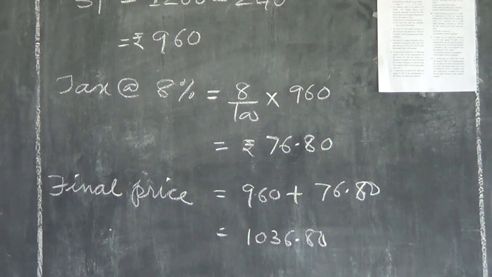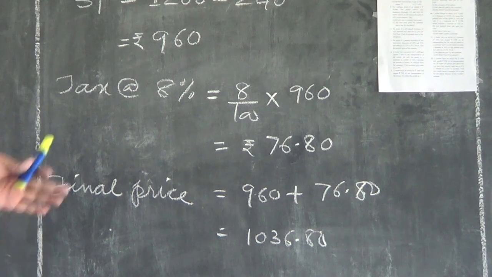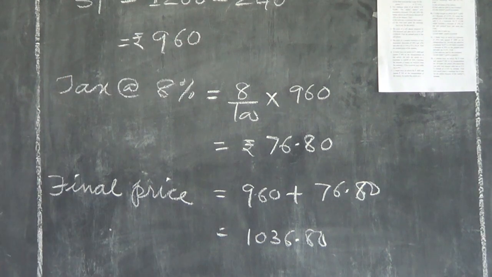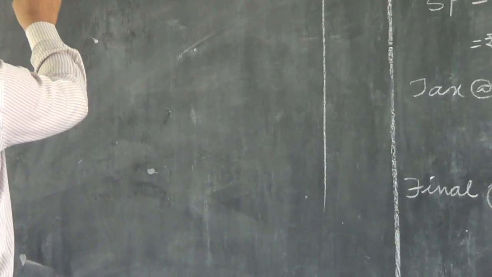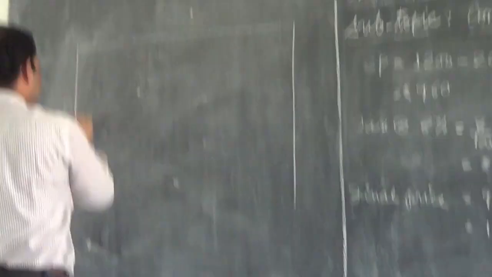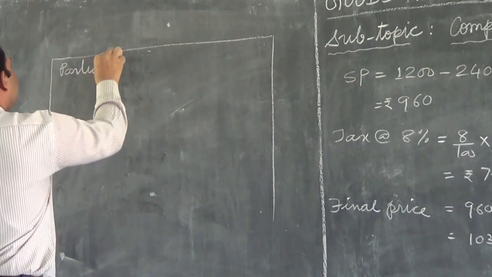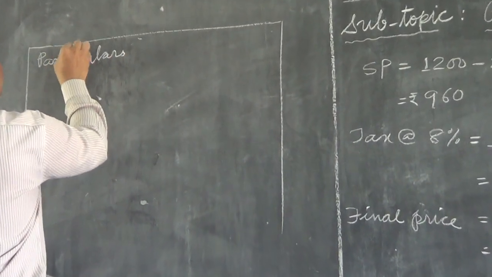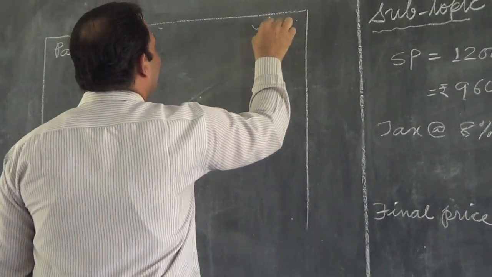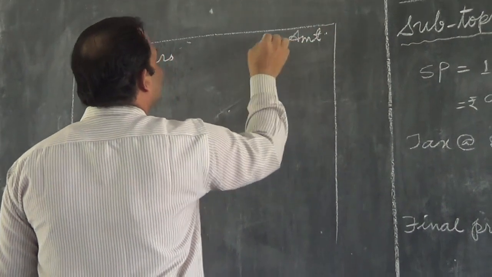In case you want to do this, you can also show it in a tabular format. How to show? You see here. Particulars, and here I wrote amount.